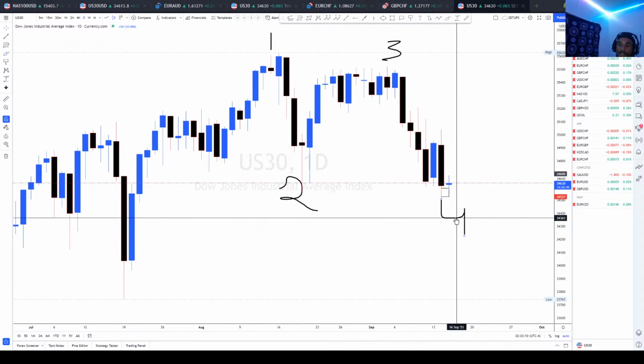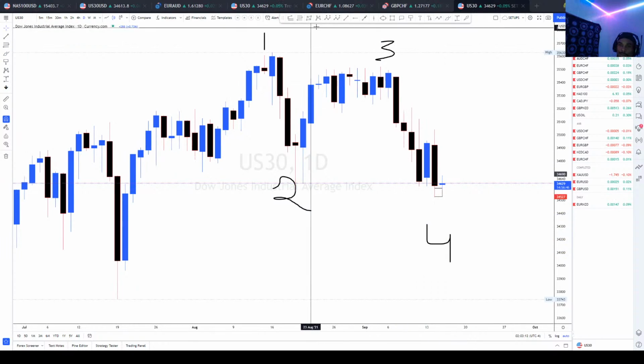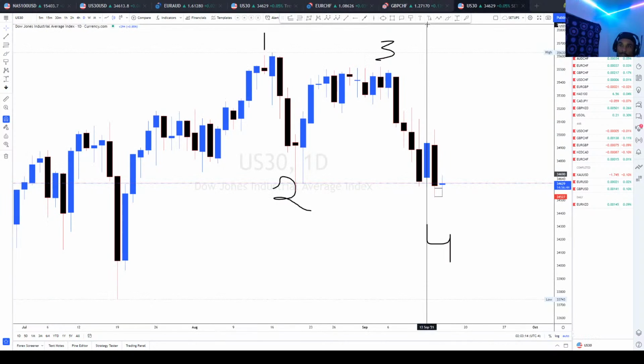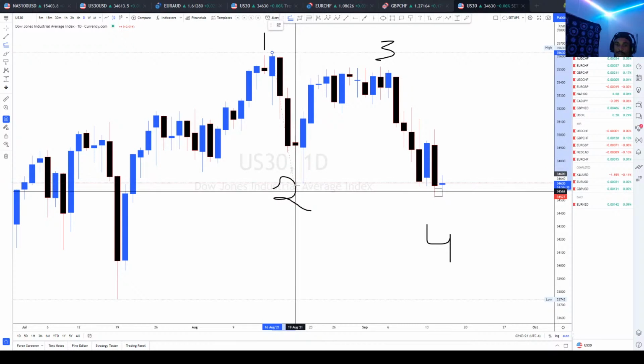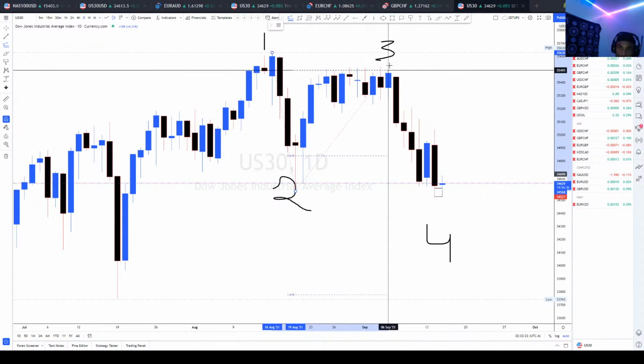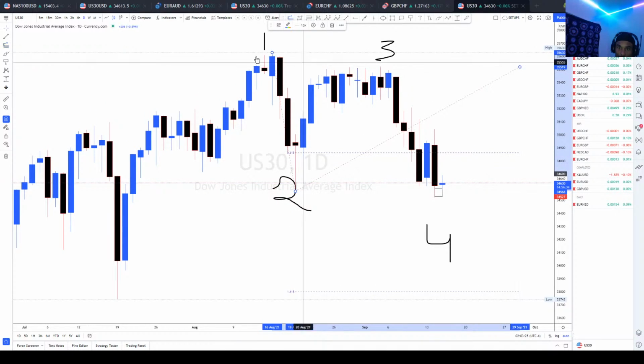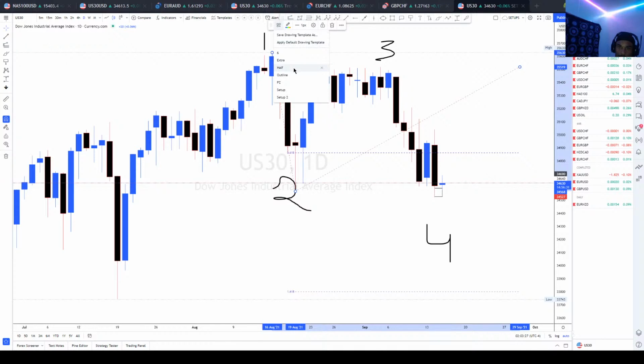Your 4 has to come down a little bit more to be 100% completed of the extension. So you would draw the extension tool, select from the high of the 1 to the low of the 2, and retrace it all the way back into your third leg, and apply your necessary Fibonacci settings.